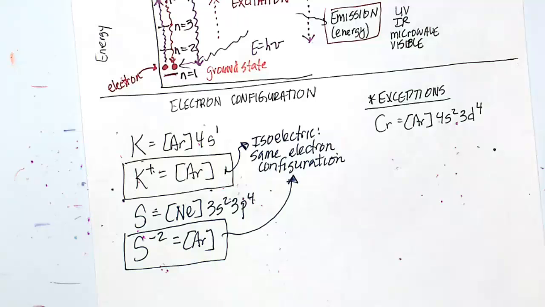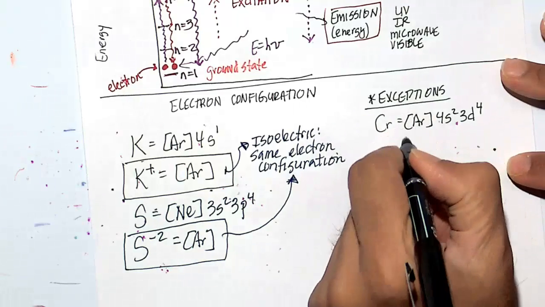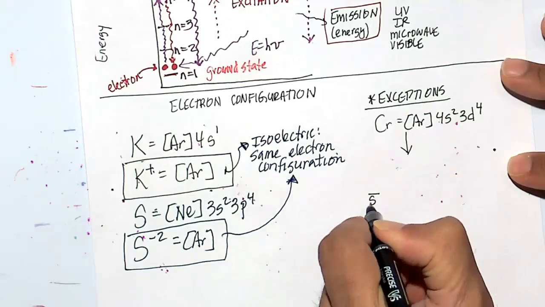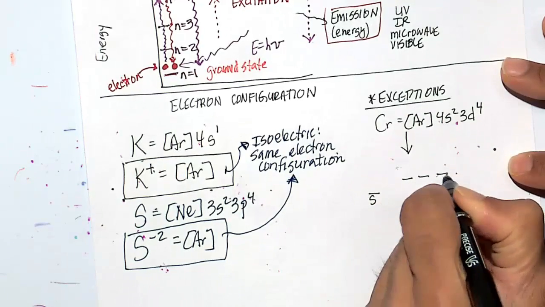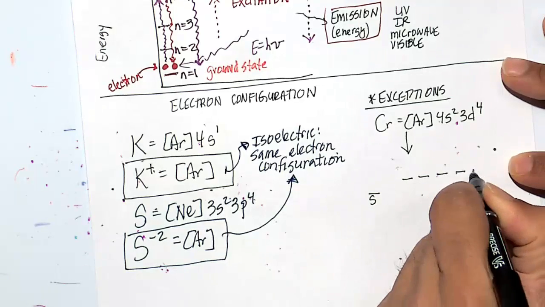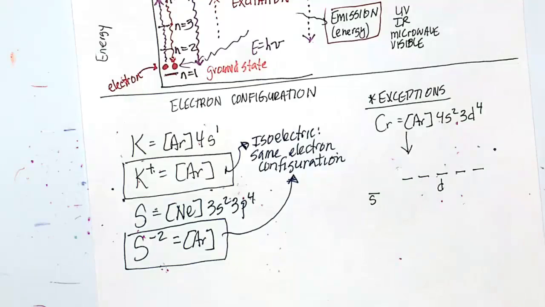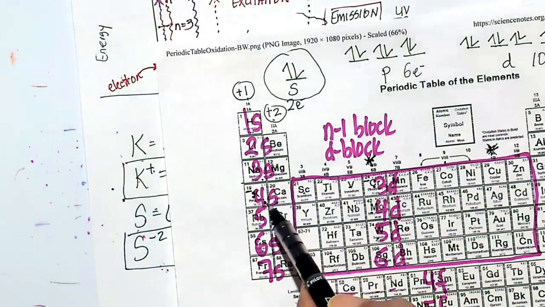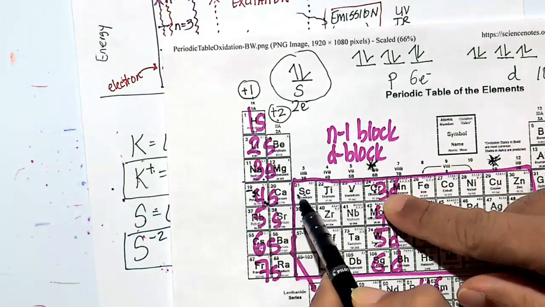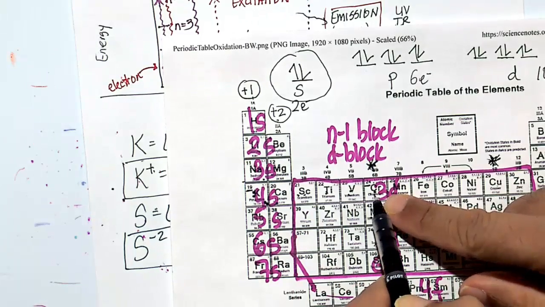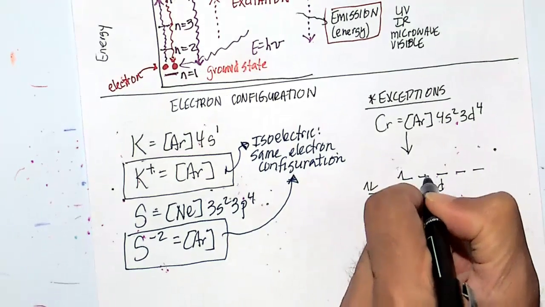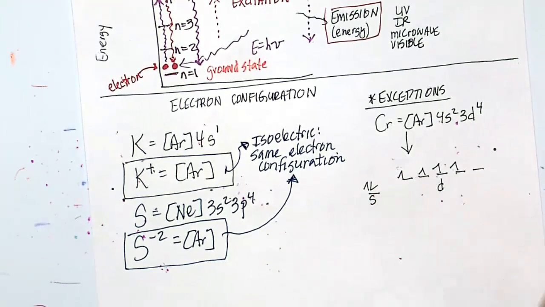So what exactly happens? If you actually draw this out, here's the s orbital, here's the d orbital. So 4s2, 3d1, 3d2, 3d3, 3d4.